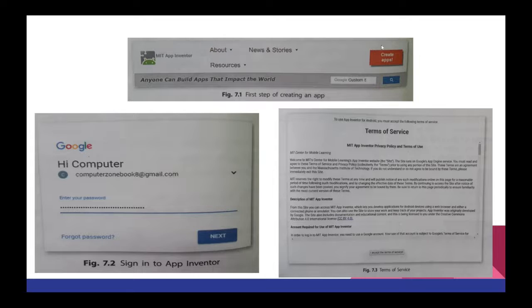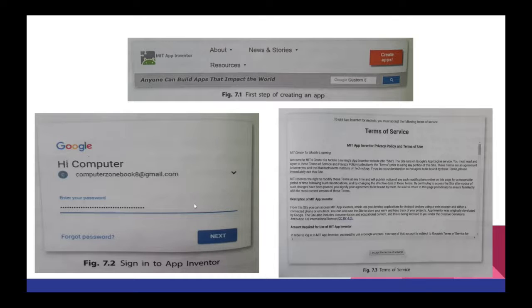Here you can see the Create Apps option, a button on the top right corner. You can see this orange box with the words Create Apps. Click on that, which is the first step of creating an app.